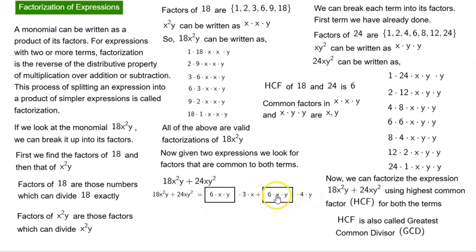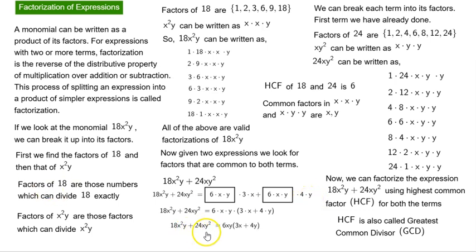So we do the appropriate grouping. Now if you notice, 6xy is common to both the terms. So we take it out, or we also say we factor it out. So 6 times x times y times, within brackets, 3x plus 4y.